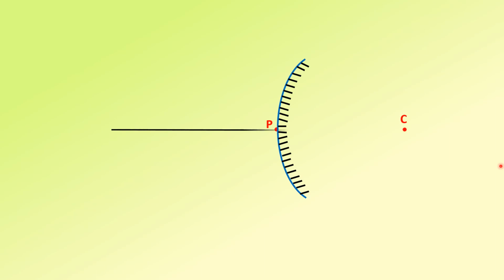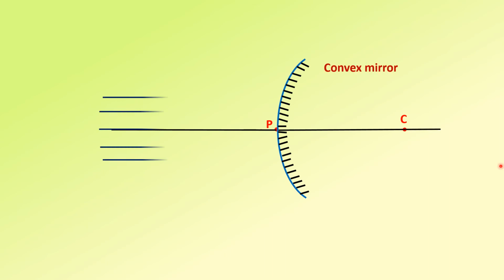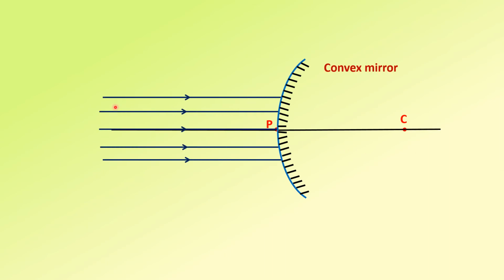Here the same I am showing by using the convex mirror symbol. This is the convex mirror, P, C, principal axis. These are the incident rays, parallel incident rays falling on the mirror.